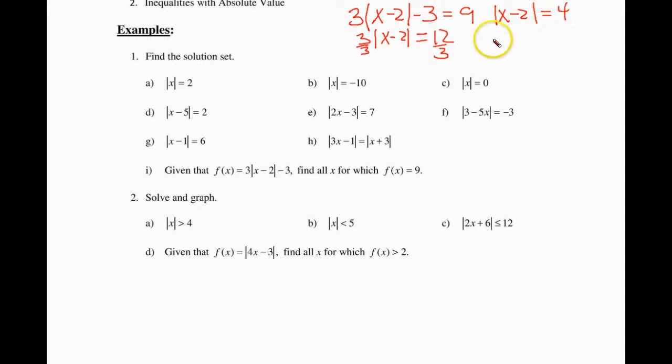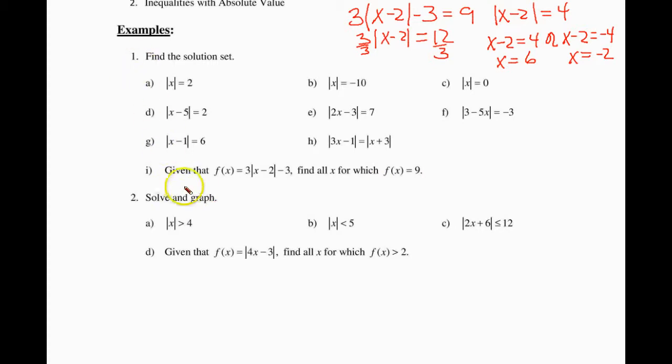Now, from this we go x minus 2 equals 4, or x minus 2 equals a negative 4. Okay? And now it's easy to solve. X equals 6, just transpose that. And here x equals a negative 2.